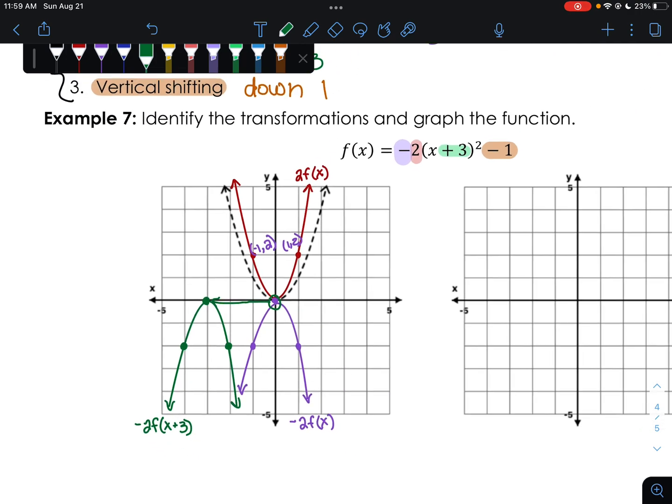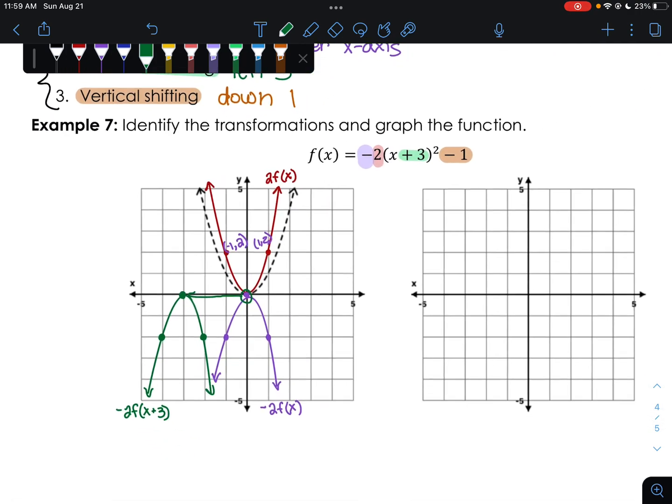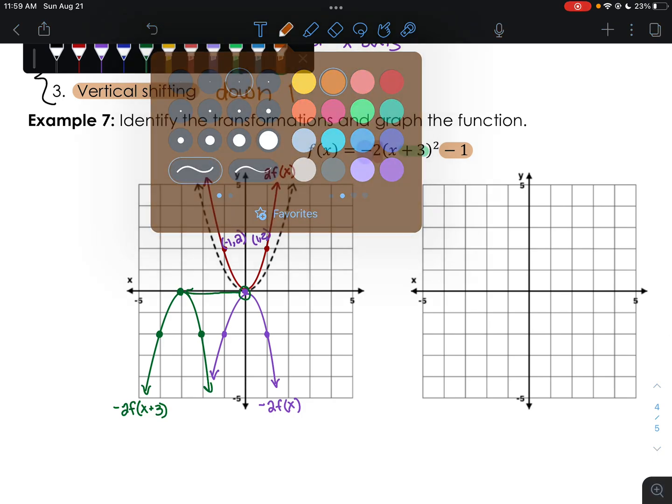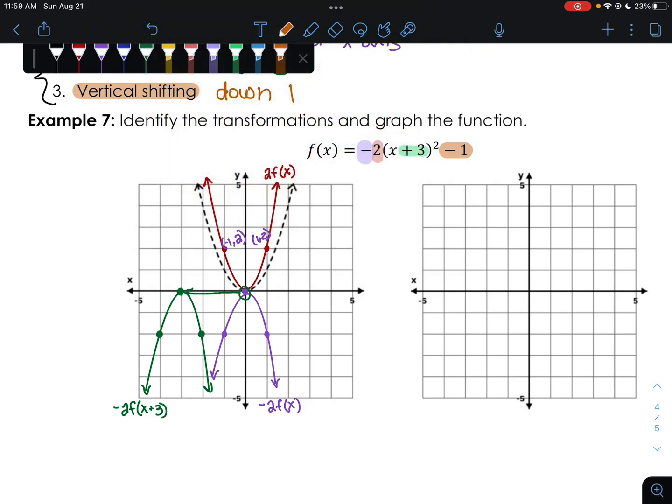Now for the final graph, I'm going to do it on this nice pretty clean one so it's not too confusing, but I am going to talk about it as we go through. So all we're doing now is we're moving each point down 1. Instead of being at -3, 0, it's going to be at -3, -1.